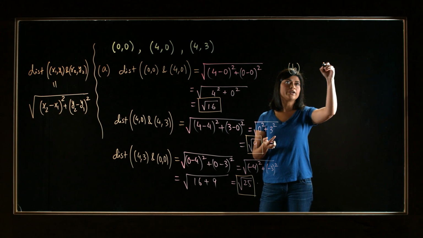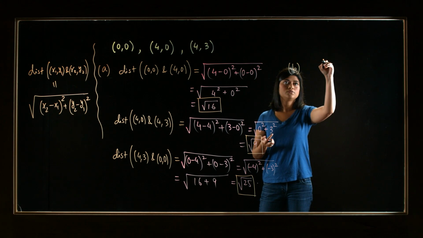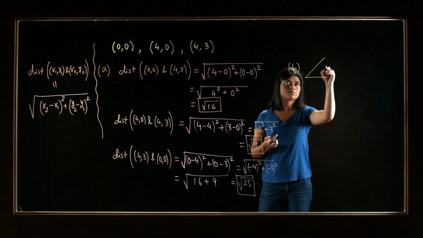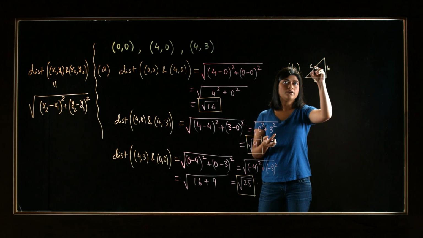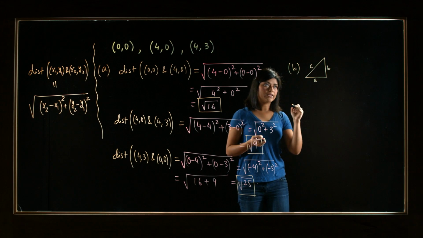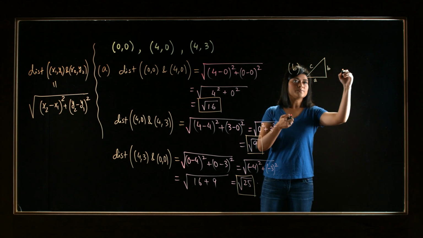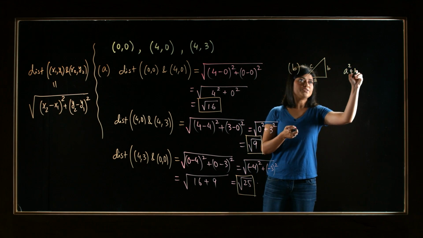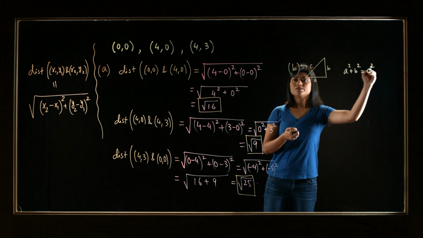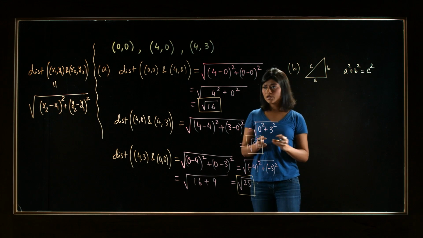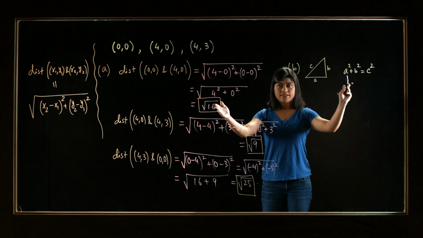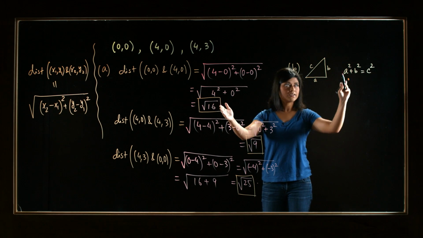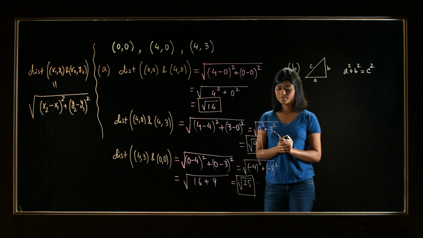So if you have a right triangle, and say the sides are A, B, and C, then Pythagorean theorem says A square plus B square should be equal to C square. Now we have these 3 lengths. Let's see if we can add 2 of the squares and get the square of the third side.